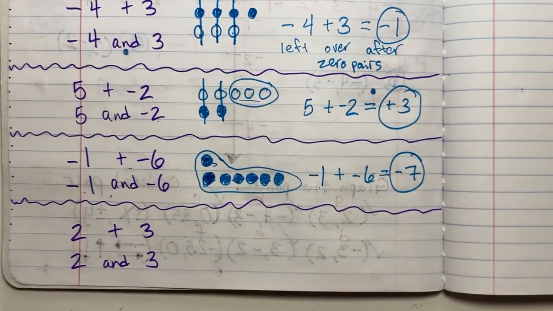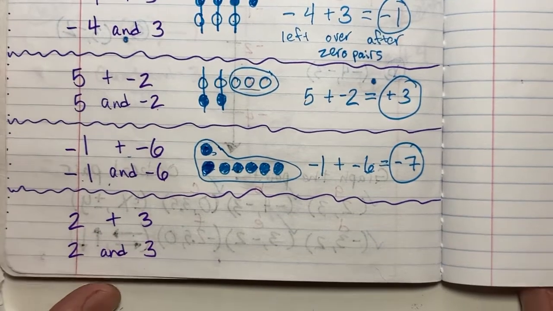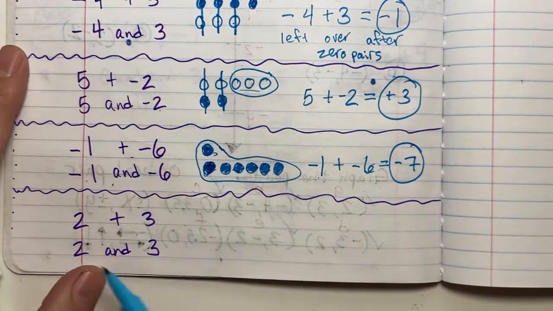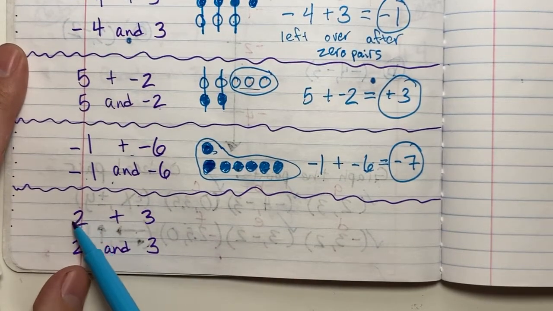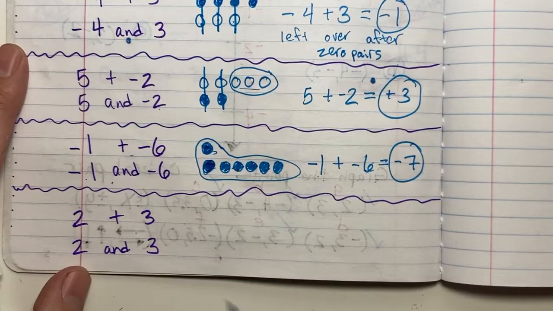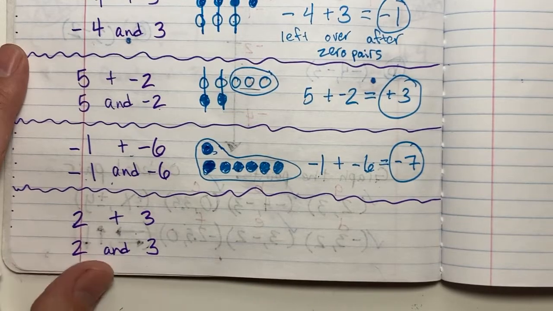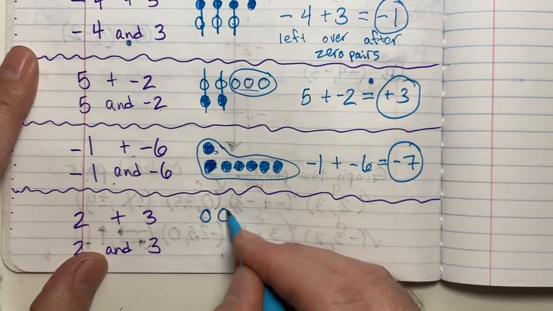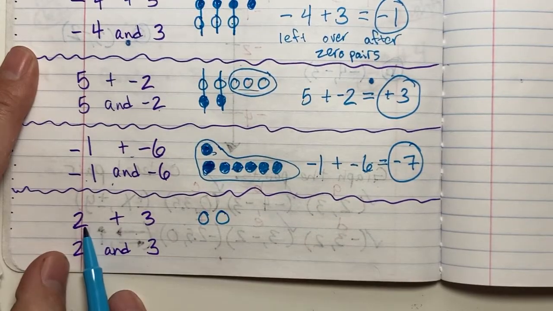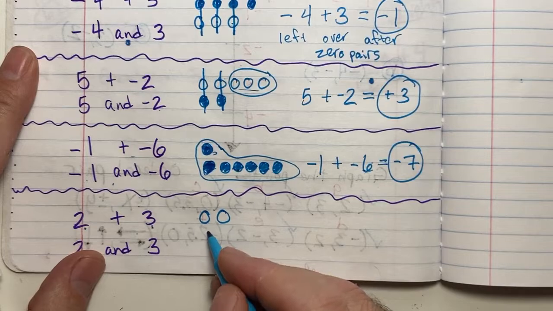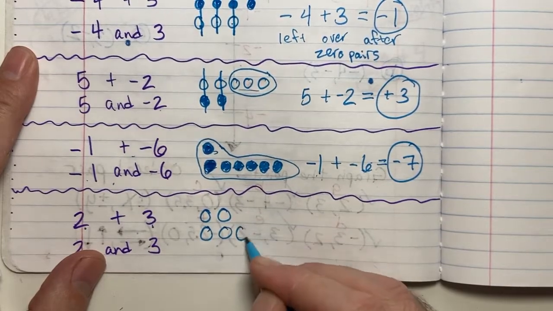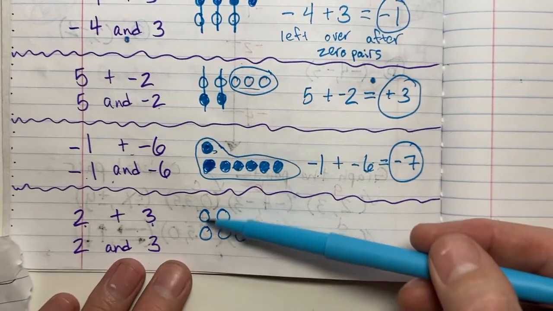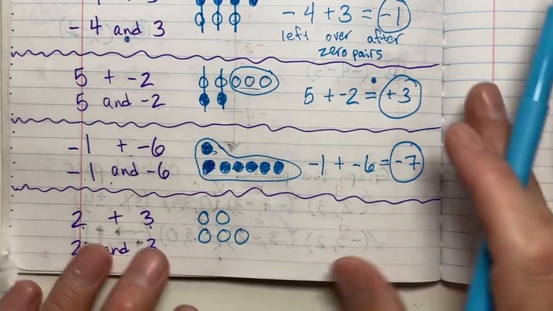Let's go back to elementary for just one moment, and we're going to tie this together. It's the same idea as before when we have positives and positives. If you add all the positives, we have 2 positives and 3 positives, 1, 2, 3, and notice they're all positives.